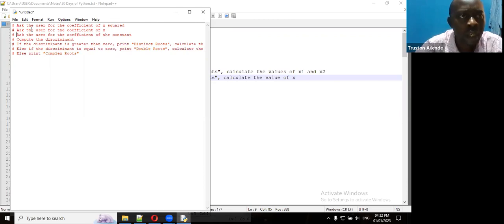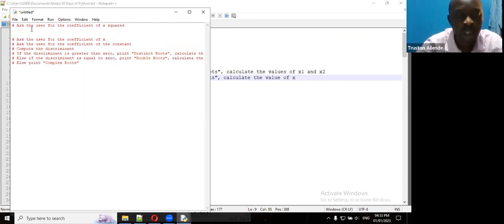So to ask the user for the coefficient of x squared, that's easy. We just say coefficient a is equal to float input.